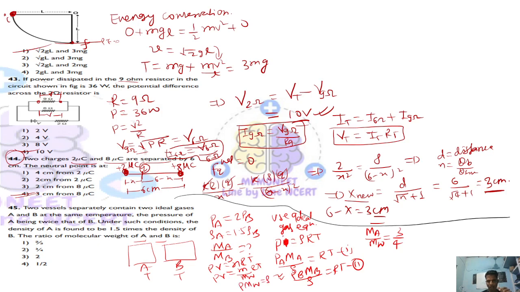Yes, this will be the formula, PM equals rho RT. We can derive it easily within 1 second, no worries. You can calculate, it comes out to be 3 upon 4.